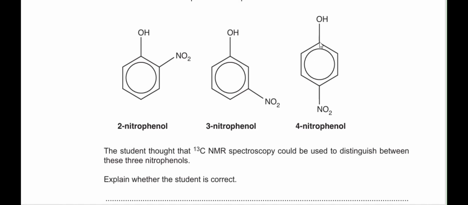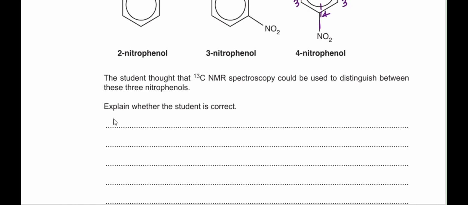But in the case of 4-nitrophenol, you can have this line of symmetry. Therefore, you will have 1 unique carbon here, 2 and 2 here, 3 and 3 here, and the 4th one here. Therefore, 4-nitrophenol will show 4 peaks in the carbon-13 NMR spectroscopy. Hence, we should document here that the student is not correct.